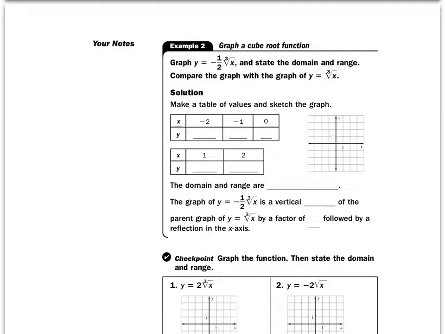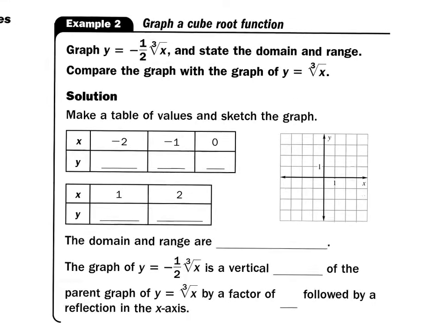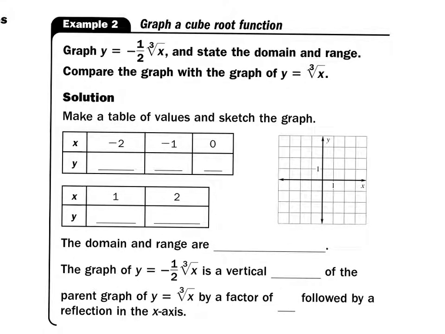All right, graph a cubic root function. So we're going to make a table and put the values in and compare the graph of y equals cubic root of x. Well, let's go ahead and do the cubic root graph first.